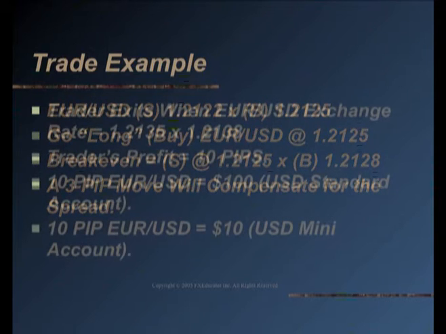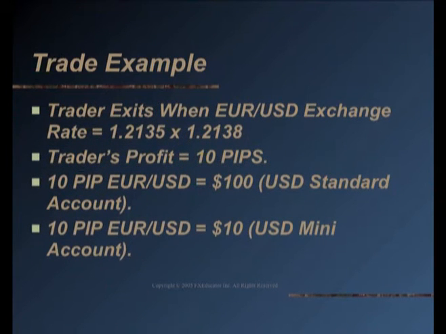The trader exits when the Euro US dollar exchange rate equals 1.2135 on the sell side, 1.2138 on the buy side. The trader's profit would be 10 pips if we exit at 1.2135.